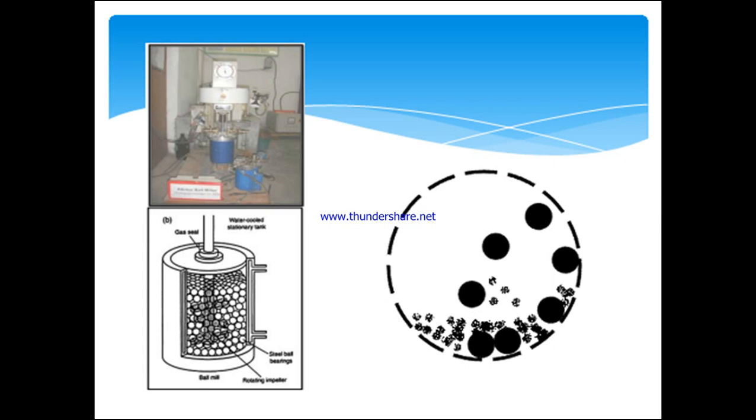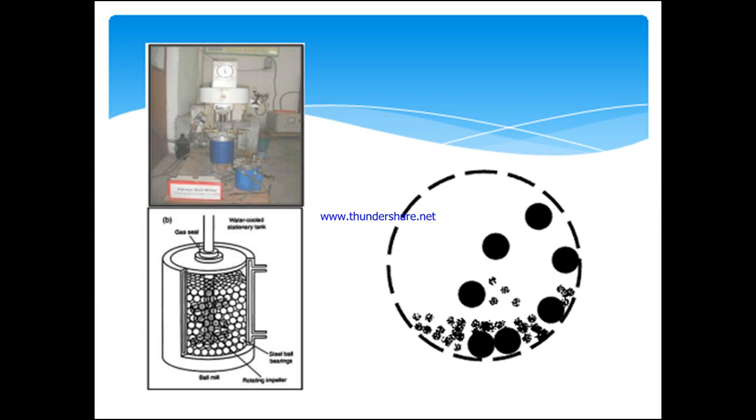So you can see the second figure here. It is having the impeller, that is the rotating impeller. In the same way we are having steel ball bearings here, and we are going to have a gas seal. So here we are also having a water cooled stationary tank.